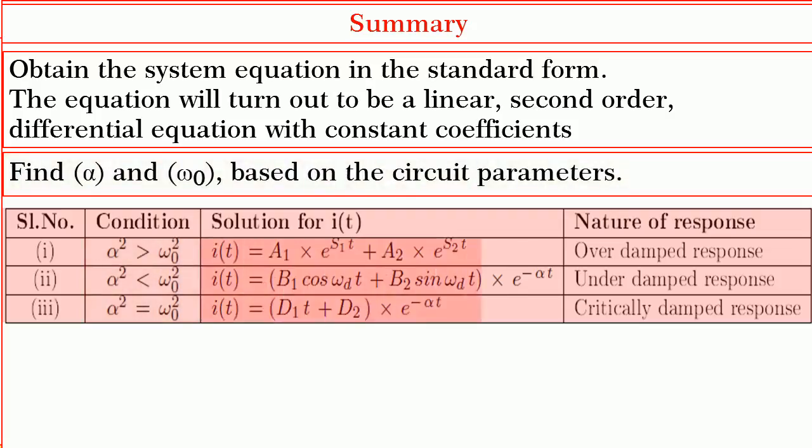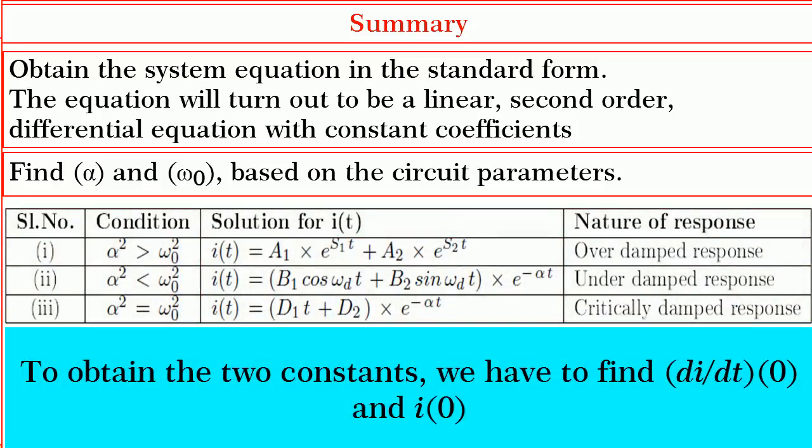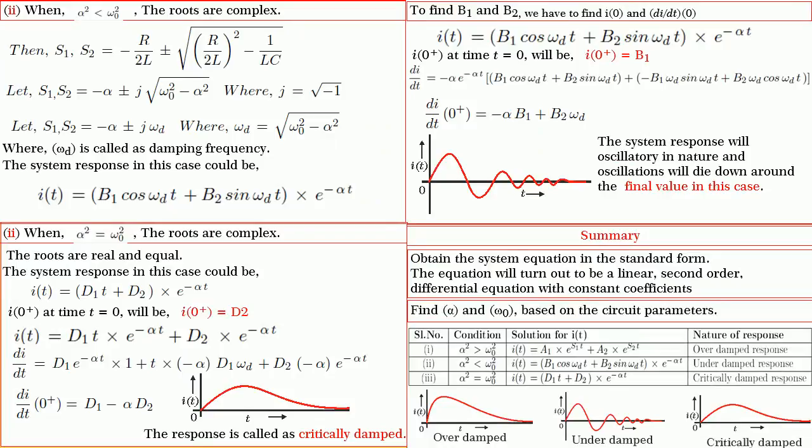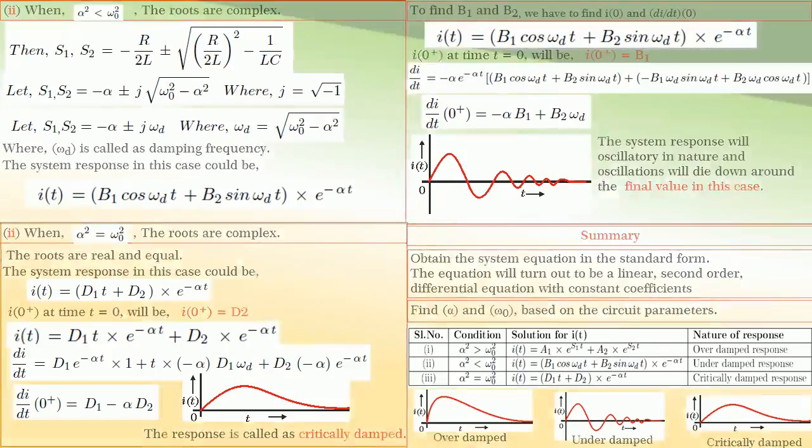In all the three cases, you see that there are two integration constants. Hence, to obtain these constants, we have to find di by dt at 0 and i of 0. Friends, this step is very important, for which you may have to use simple differentiation rules. While solving numerical examples, I will make these points clear.